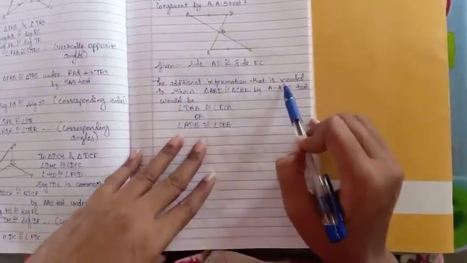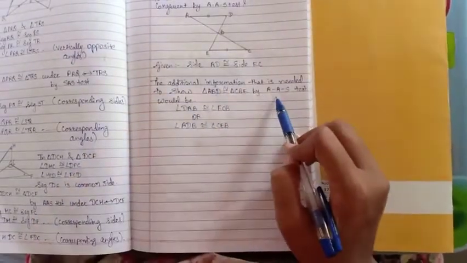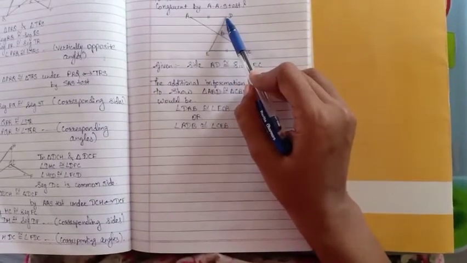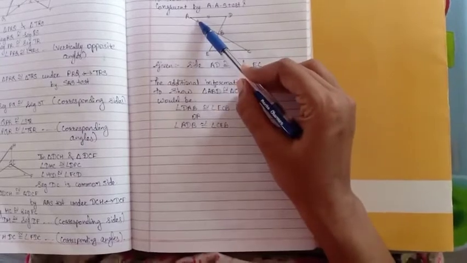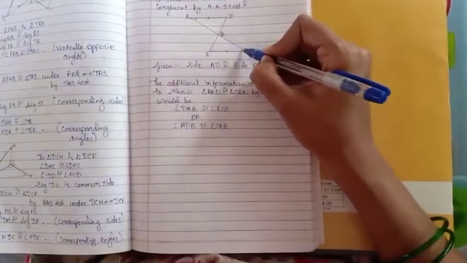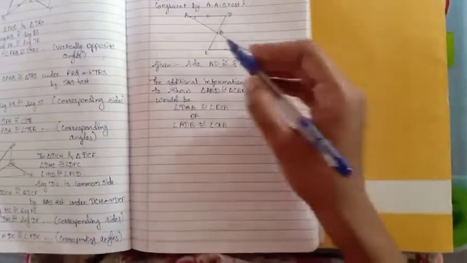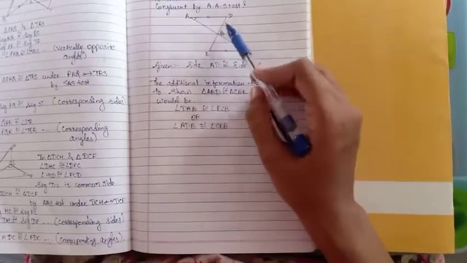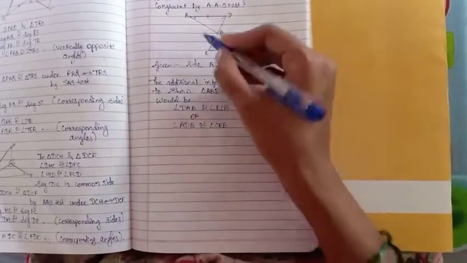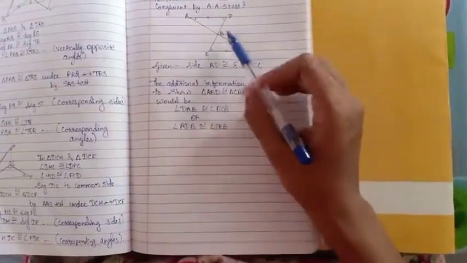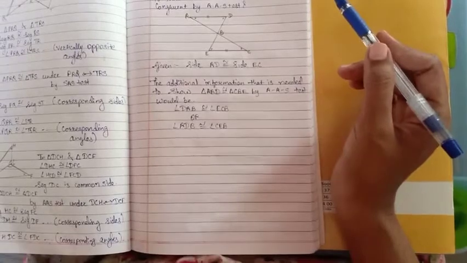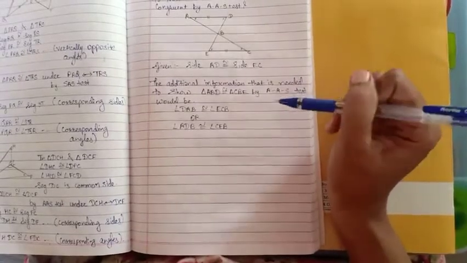The additional information that is needed to show that these two triangles are congruent by AAS test would be either angle DAB congruent with angle ECB, means this one, or angle ADB, this one, congruent with angle CEB. Okay, so if this information is there, then we can say these triangles are congruent by AAS test.